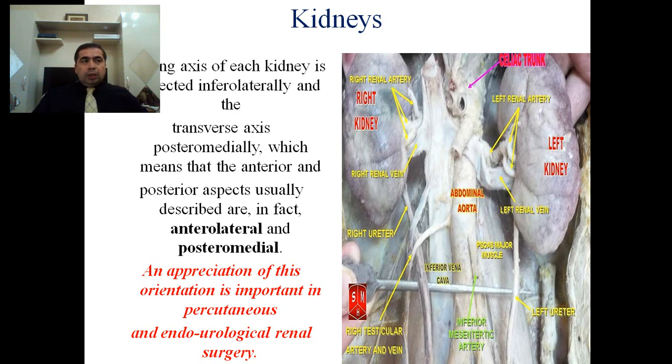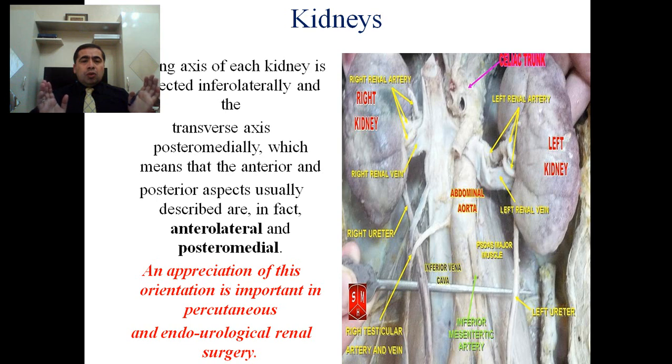And as you know, by aging these structures become elongated, and the kidneys go downward by age, and the angulus between the two kidneys, it means the inferior poles of both kidneys become closer to each other, but the distance between the upper right and upper left poles increases.